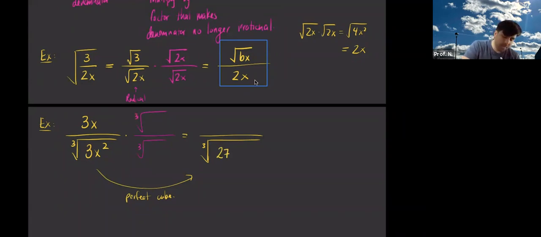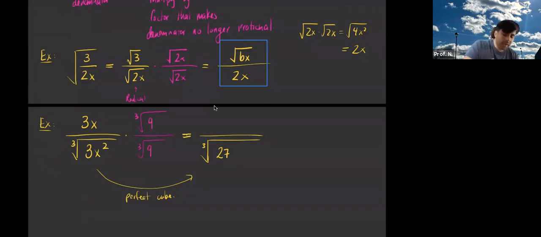I know you guys know this one. 3 times what number gives me 27? Nine. 3 times 9 is 27. And so I multiply by 9.